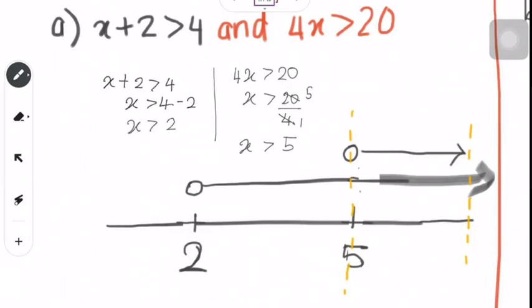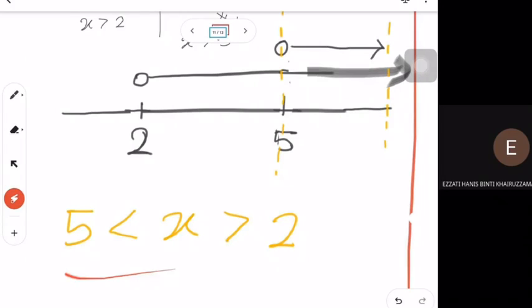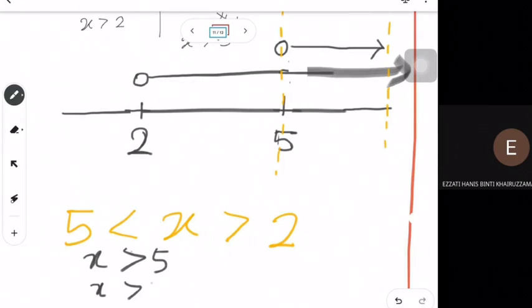So how do you conclude your final answer? Okay, if you write like this, you are saying that x is greater than 5, greater than 2. Now, if you are saying like this, x is greater than 2, can you take 3?